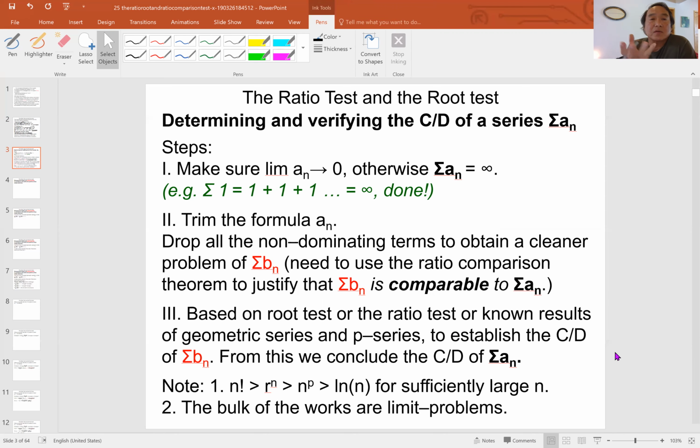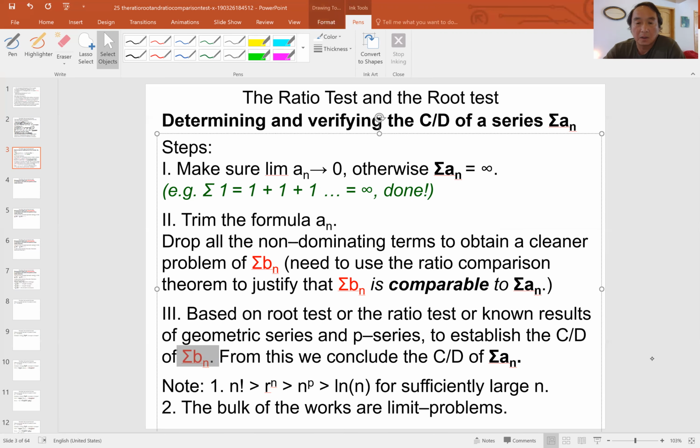Then we take the comparable copy, which is now supposed to be simple, with everything trimmed and clean, and we apply all kinds of tests or invoke the list of series whose behavior we know, geometric and p-series, to infer what happens to our trimmed version, whether it converges or diverges.